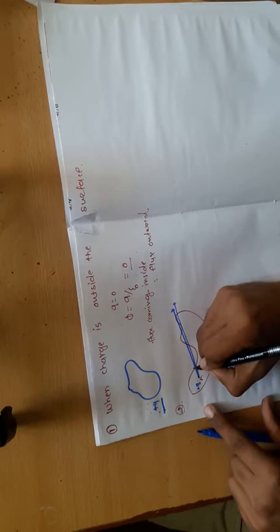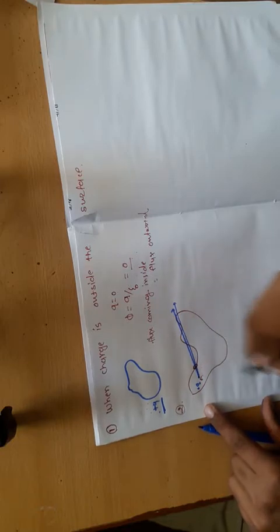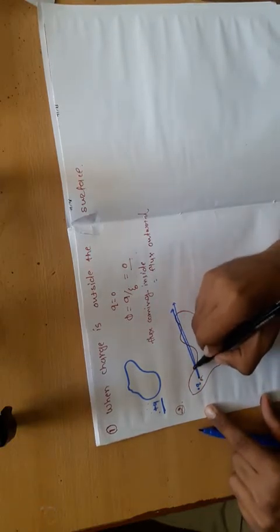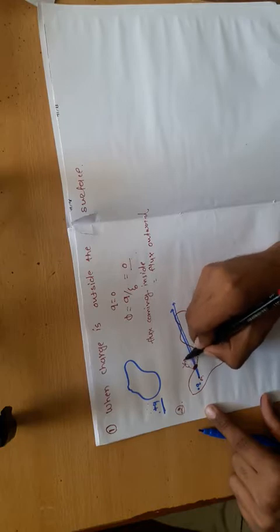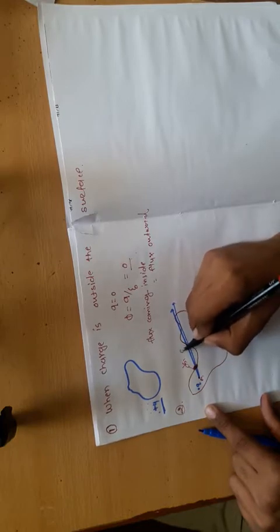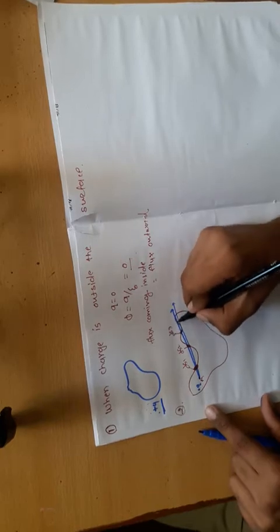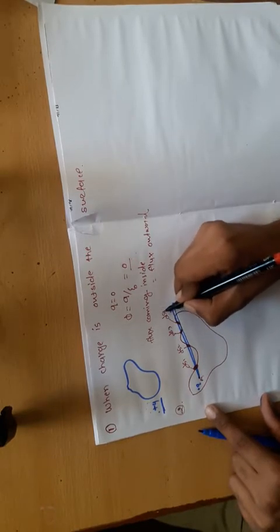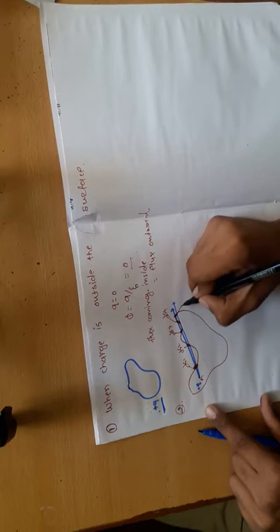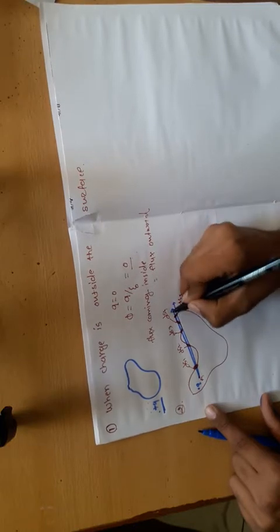So here, how many surfaces are cut by this flux? Here it is dS1, here dS2, here dS3, here dS4, and here dS5.